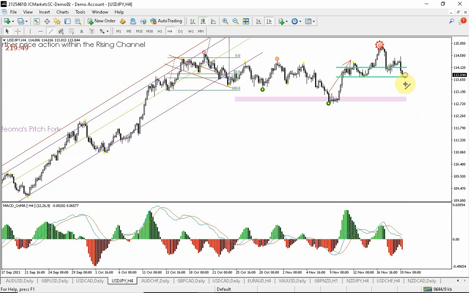We expect it to break into the structure level again, guys. So we'll monitor this market and see what it will do in the coming days.